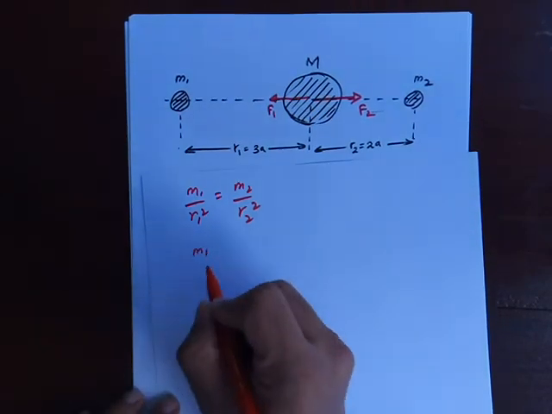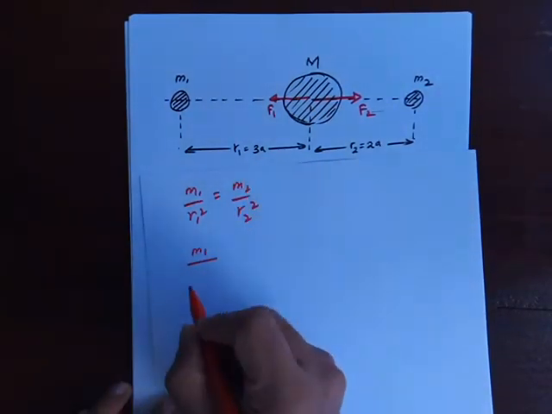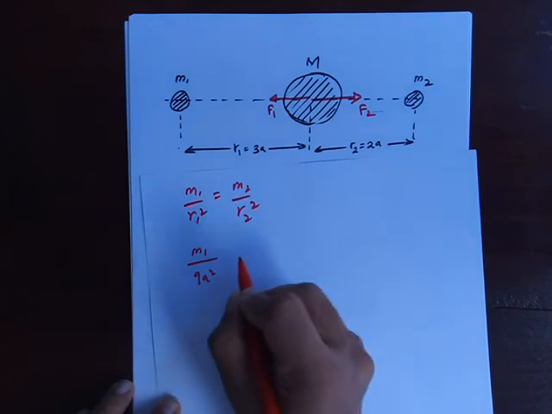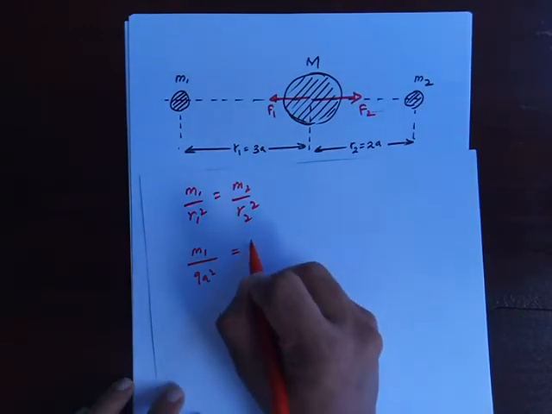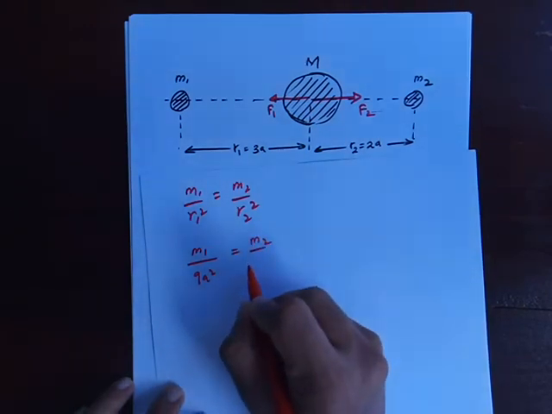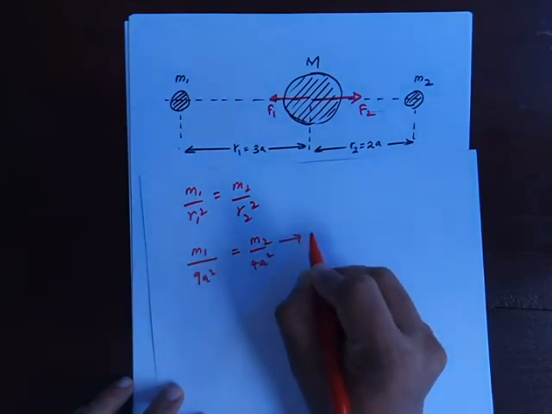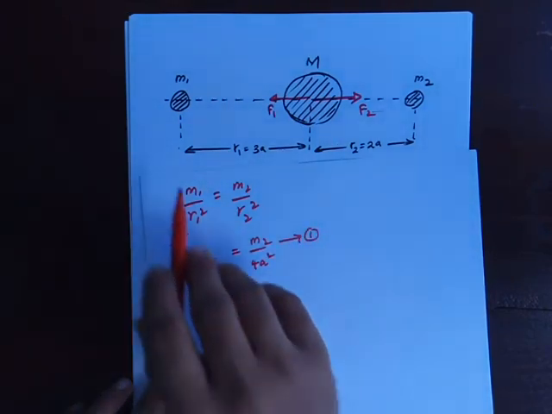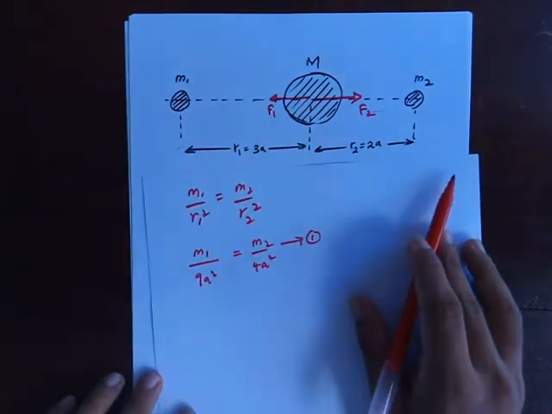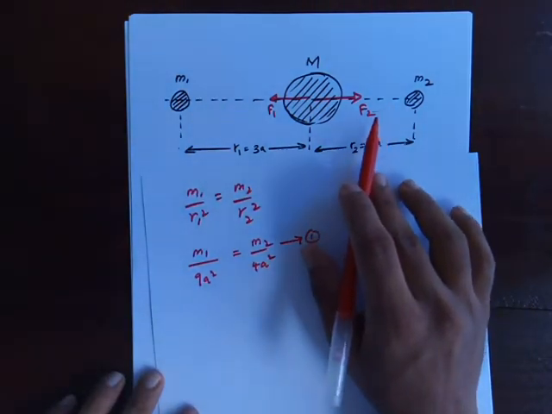With R1 as 3a, we get M1 over 9a squared is equal to M2 over 4a squared. I take this as my equation 1, and now this mass is doubled and we want to move this in order to keep the balance.